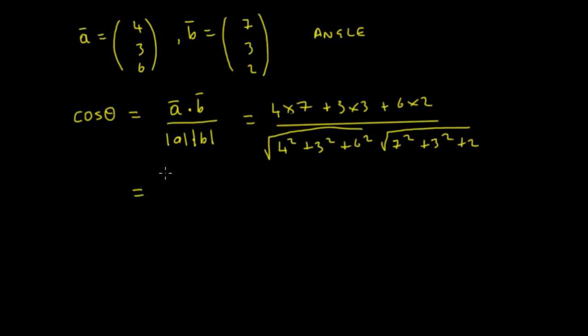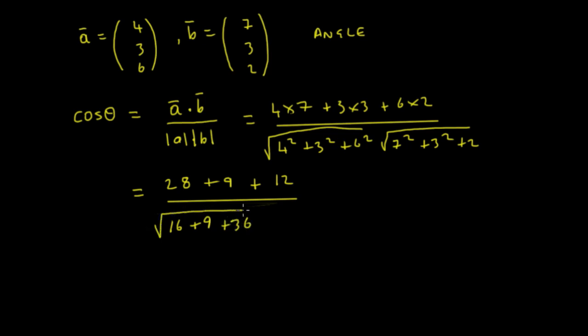So that's going to equal 4 sevens are 28, plus the 9, plus the 6 twos are 12. And it's going to be 16 plus the 9 plus the 36, and that's the root, times 49 plus the 9 plus the 4, and that's the square root.